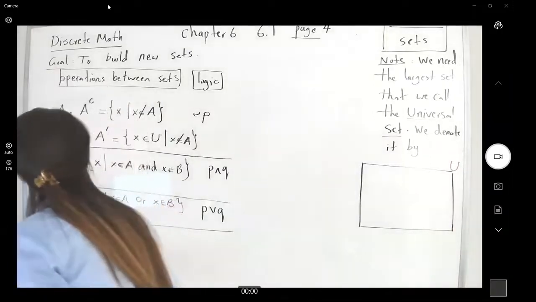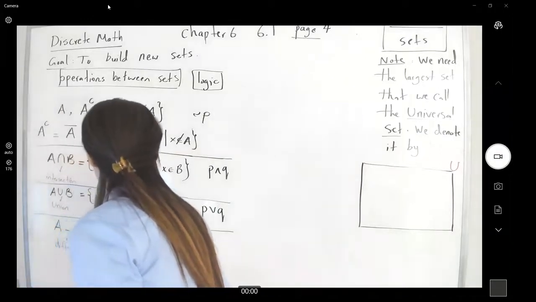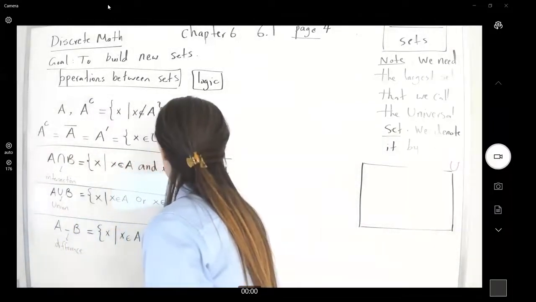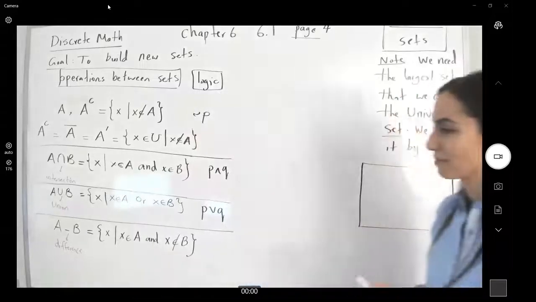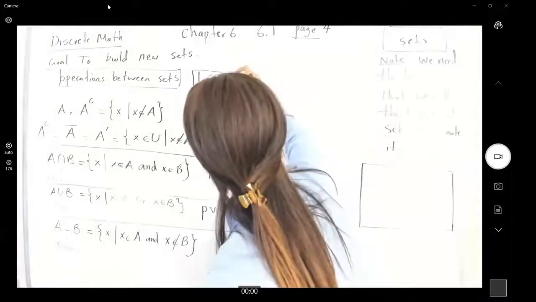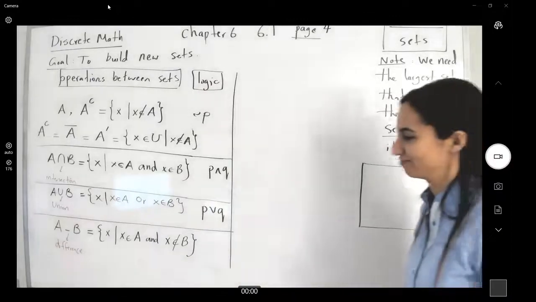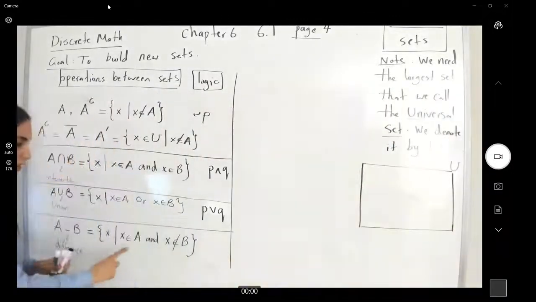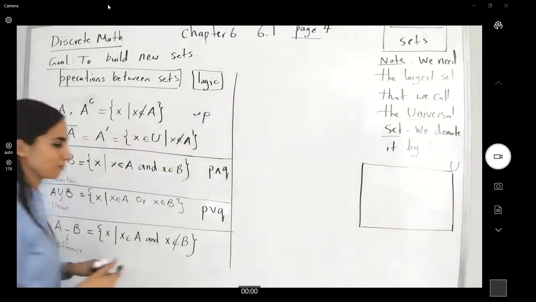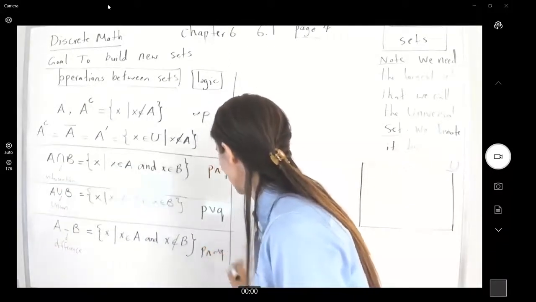So this is the set of all elements X such that X is in A and X is not in set B. Equivalently, you have P and not Q.